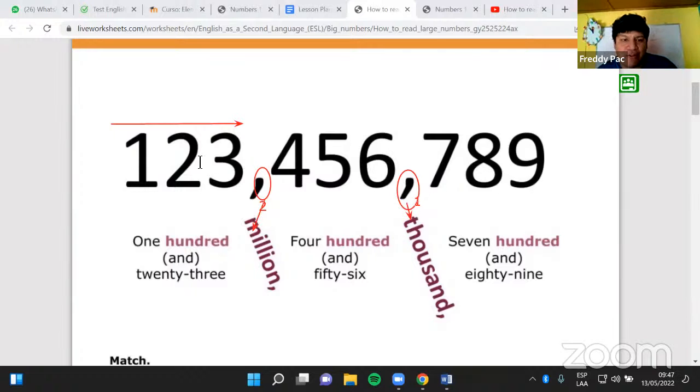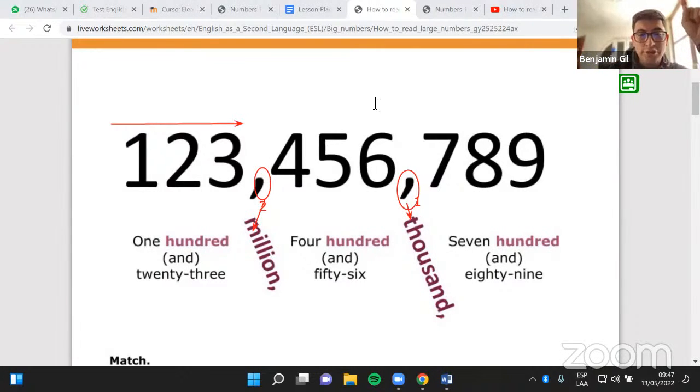You have to read the quantities as we just learned: 123 million, 456 thousand, 789. When you see the first comma, you call it thousand, and when you see the second comma, you call it million. Do you understand? Let's do a little exercise right now.